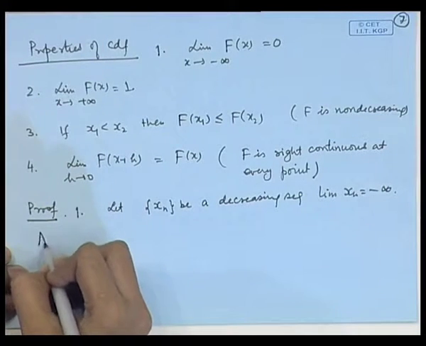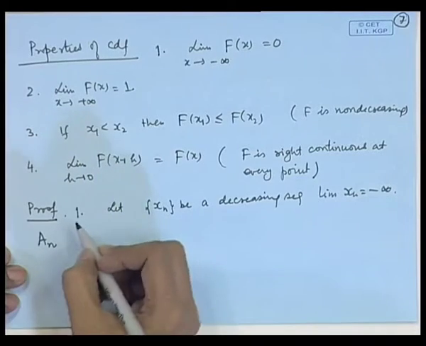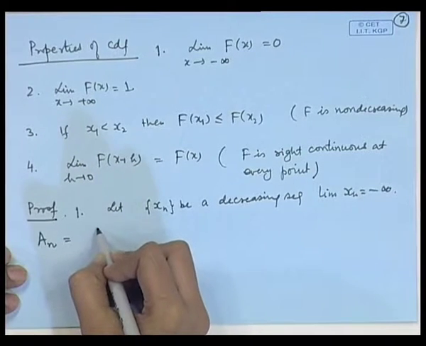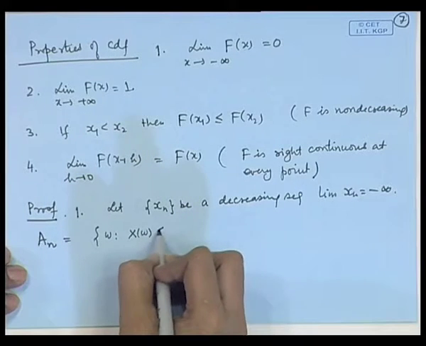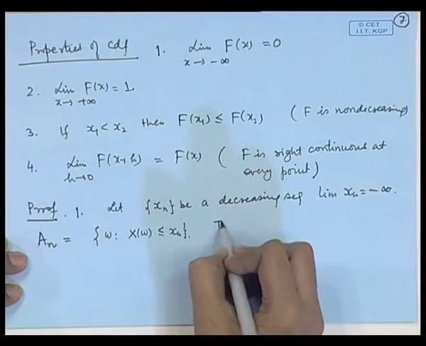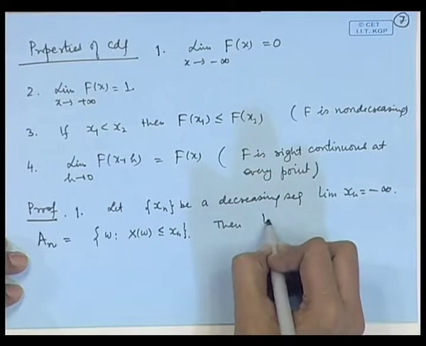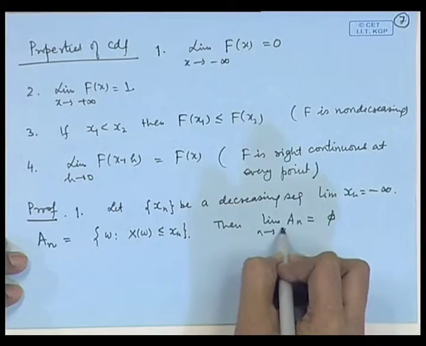If I consider the sets A_n as the set of all those points such that X(ω) is less than or equal to x_n, then limit of A_n is equal to the empty set as n tends to infinity.